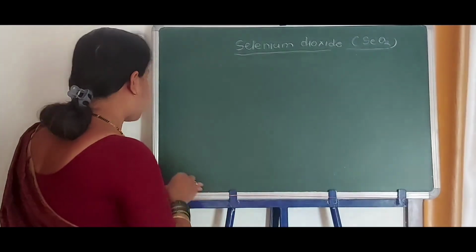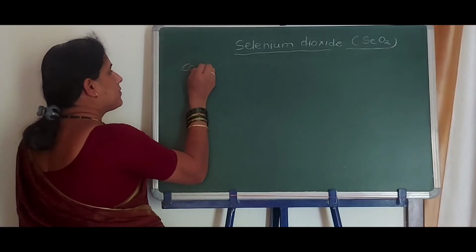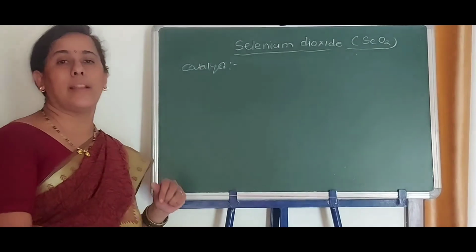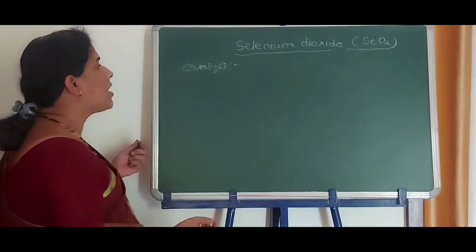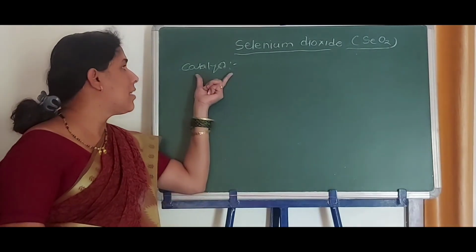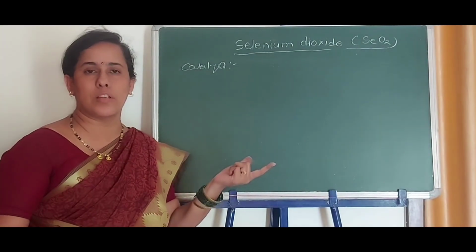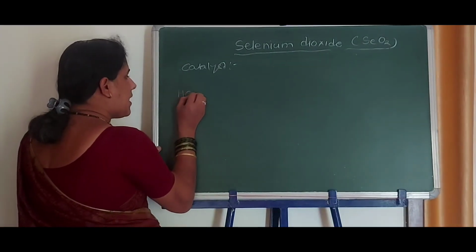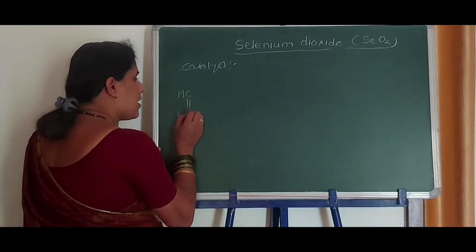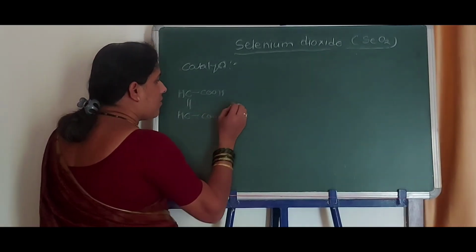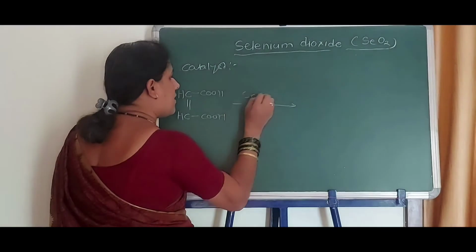As a catalyst, selenium dioxide acts as a catalyst in presence of H2O2. It catalyzes the trans-hydroxylation of unsaturated compounds like CH double bond CH COOH, malic acid, in presence of selenium dioxide.